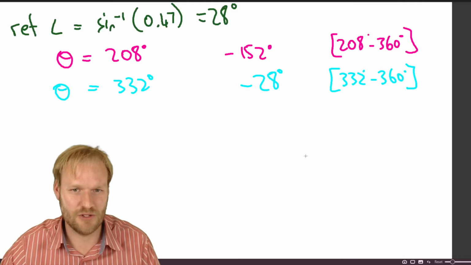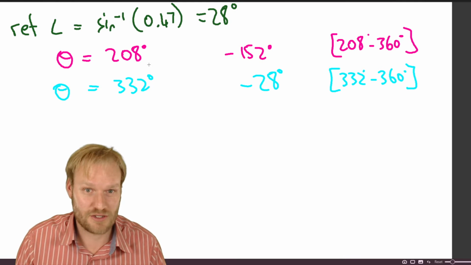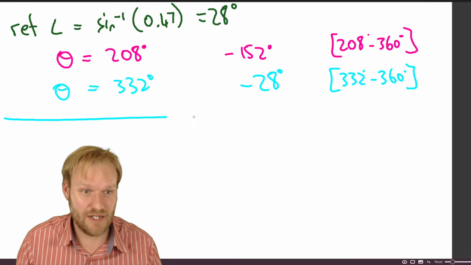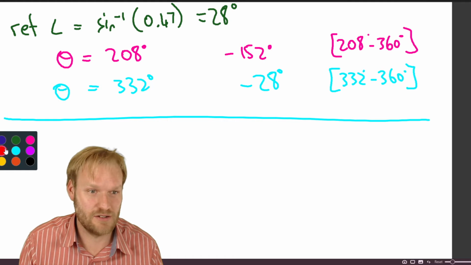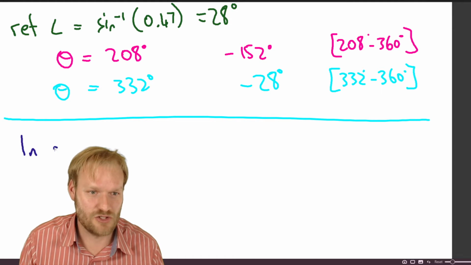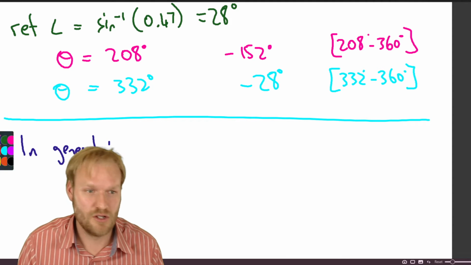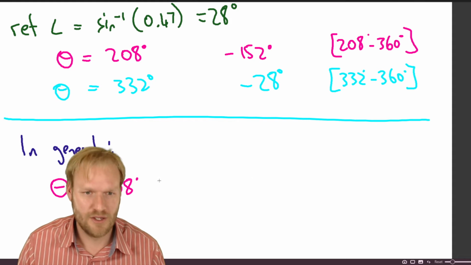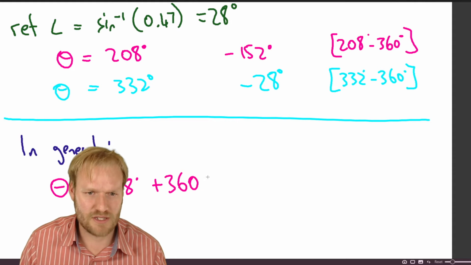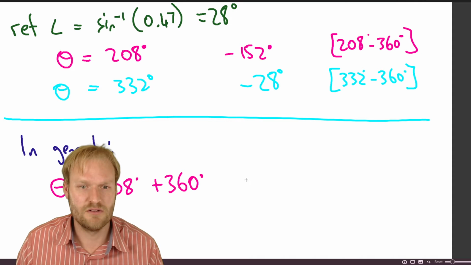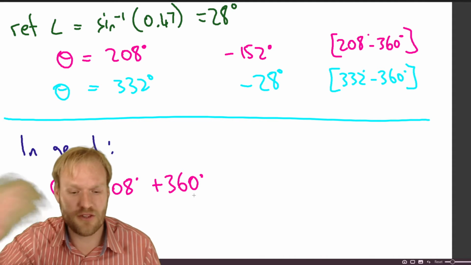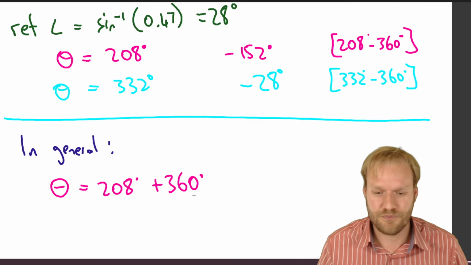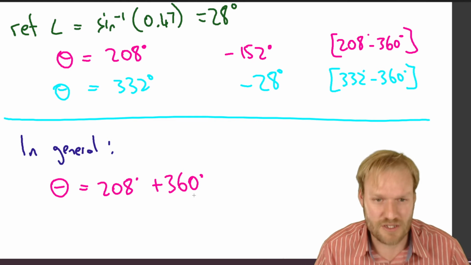So in general, we've got all our four solutions, but let's capture this in general. If we wanted to find all the solutions, our one option was theta equals 208, that we found with our CAST diagram. But we could add 360 degrees, or we could add another 360 degrees, or another 360 degrees.